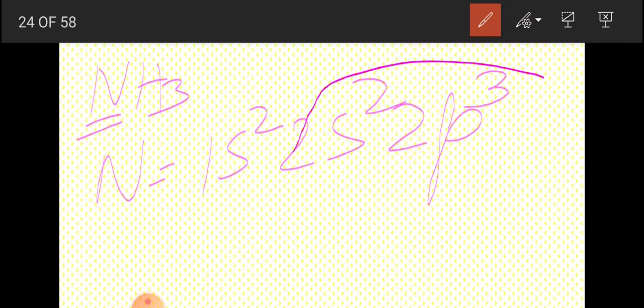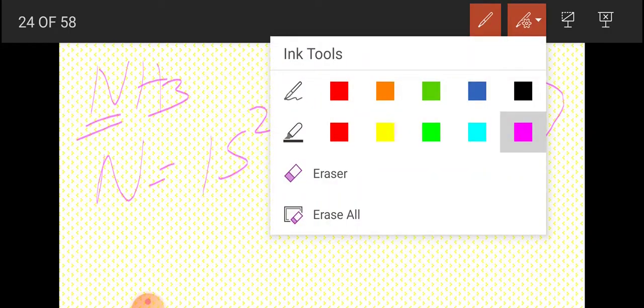So you can see that in the second shell 5 electrons are there. 3 of these electrons are used to form bonds to 3 hydrogen atoms, and 2 electrons take no part in bonding and constitute a lone pair.